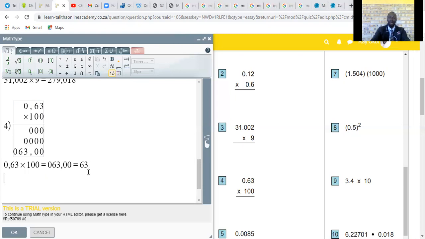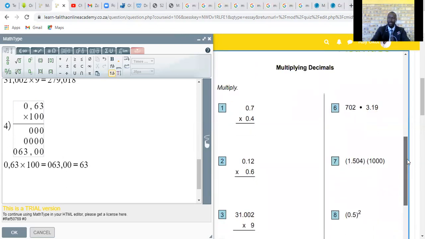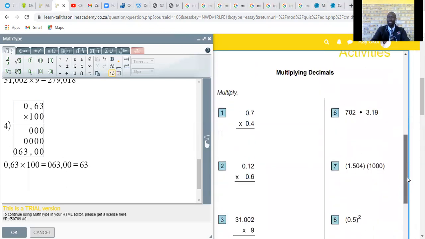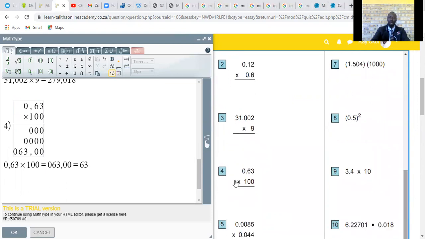Now, from there, we can do one more question, after which I will assign you a task to do: question 6 to question 10. All right, now we are moving on to question what? Question 5 of activity 1.